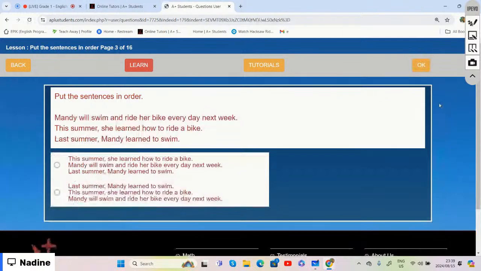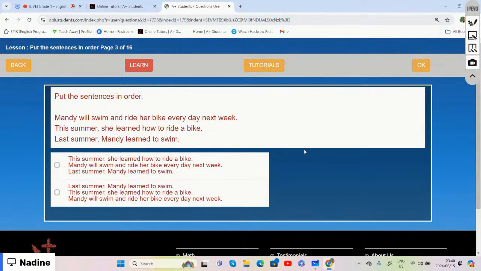It says we need to put these sentences in order. All right, so we need to put the sentences in order. It says Mandy will swim and ride her bike every day next week.